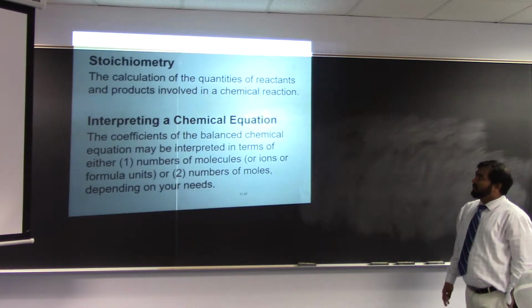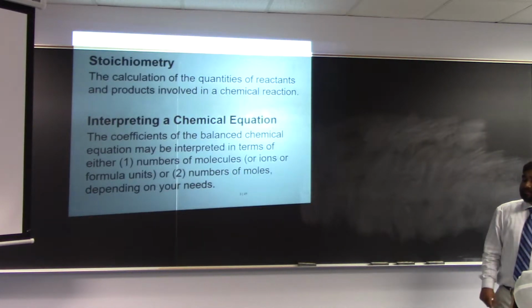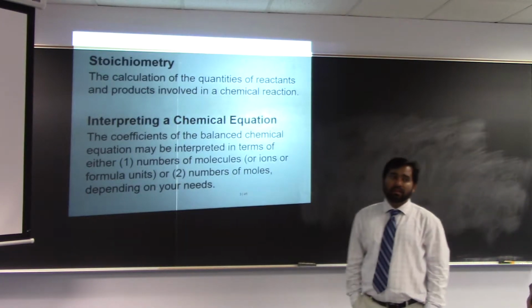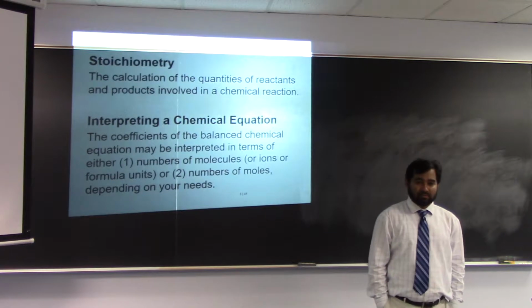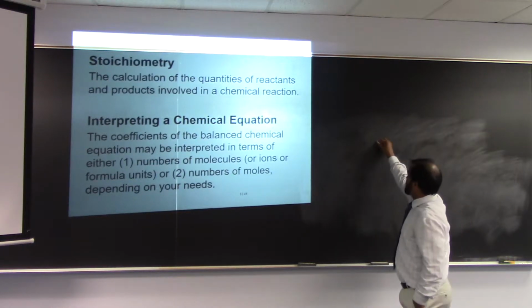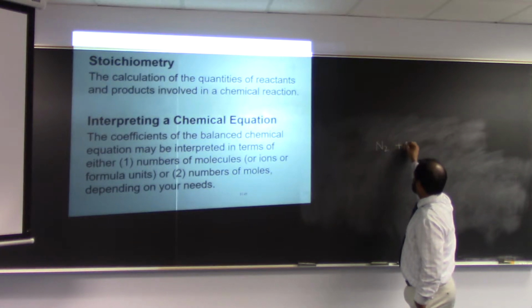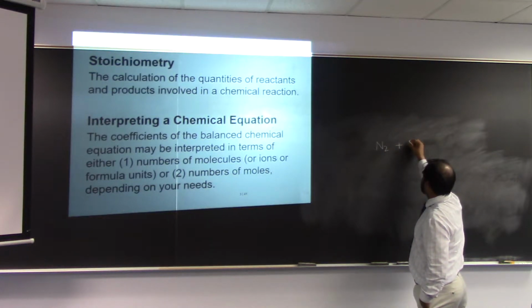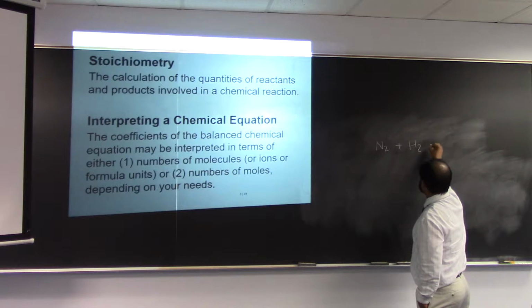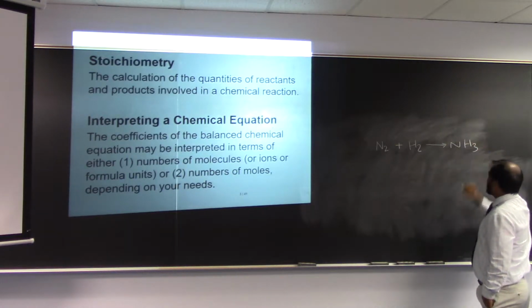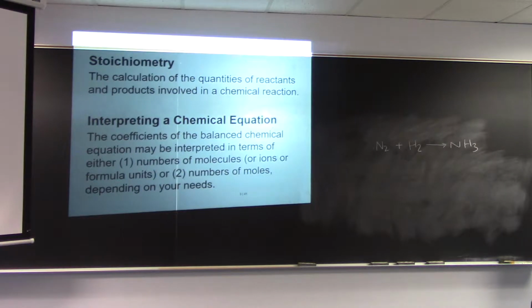The second point you need to know is that you cannot calculate until you make a balanced chemical equation. Let's go to a very simple example. Ammonia made from nitrogen and hydrogen.